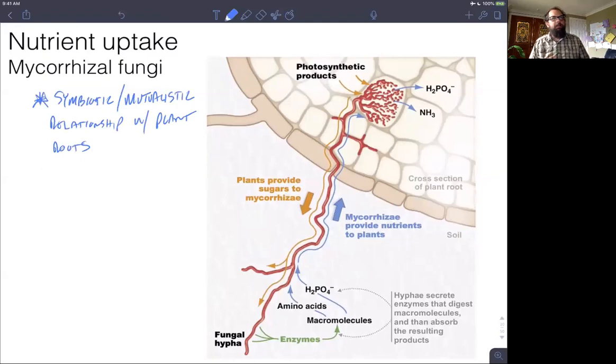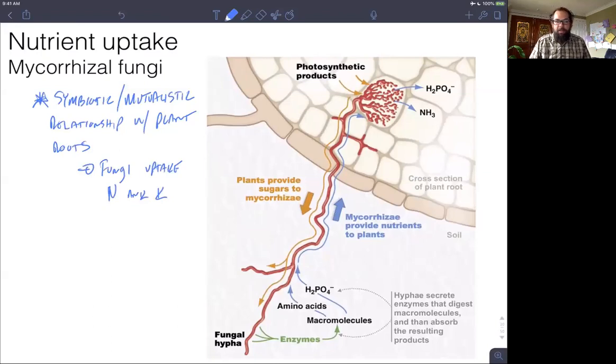And that symbiotic relationship is that the fungi, the fungal hyphae, so these thread-like hyphae that are going throughout the soil system, extend the plant root system immensely. And the fungi themselves uptake very efficiently both nitrogen and phosphates from the soil.